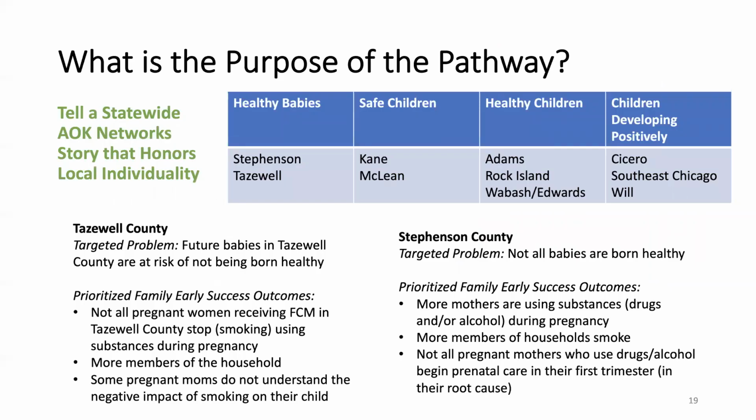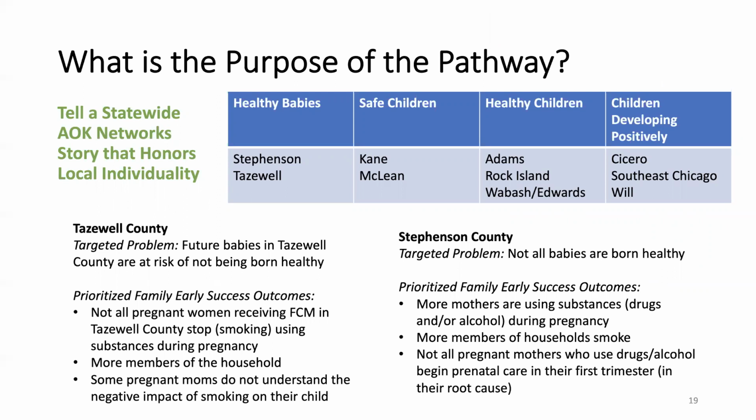All right, the third purpose of the pathway is that it allows us to tell a statewide AOK network story while also honoring the local individuality and local stories of each of your networks.